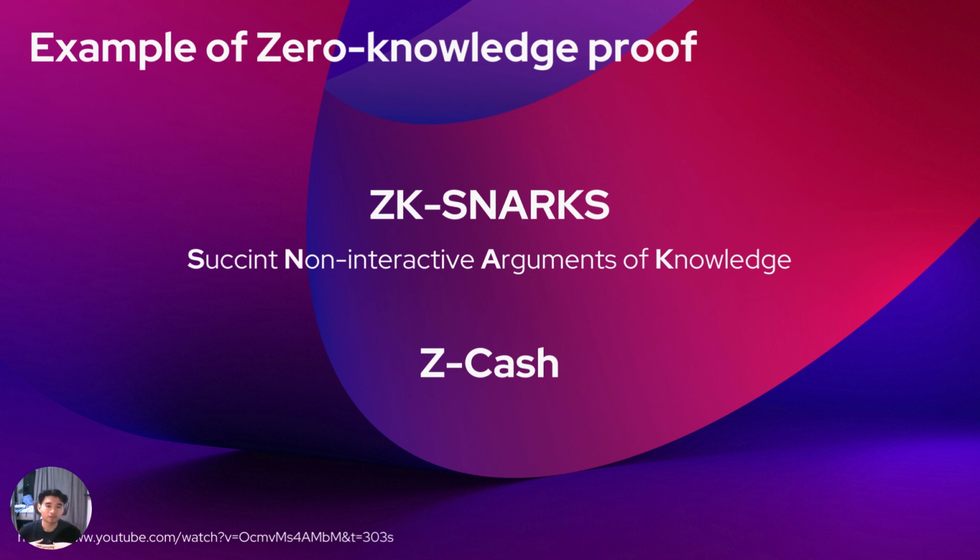But there are also other projects like Zcash that use non-interactive zero-knowledge proofs to hide all of this. That's where SNARKs come in, short for succinct non-interactive arguments of knowledge. So there is non-interactive in the word.